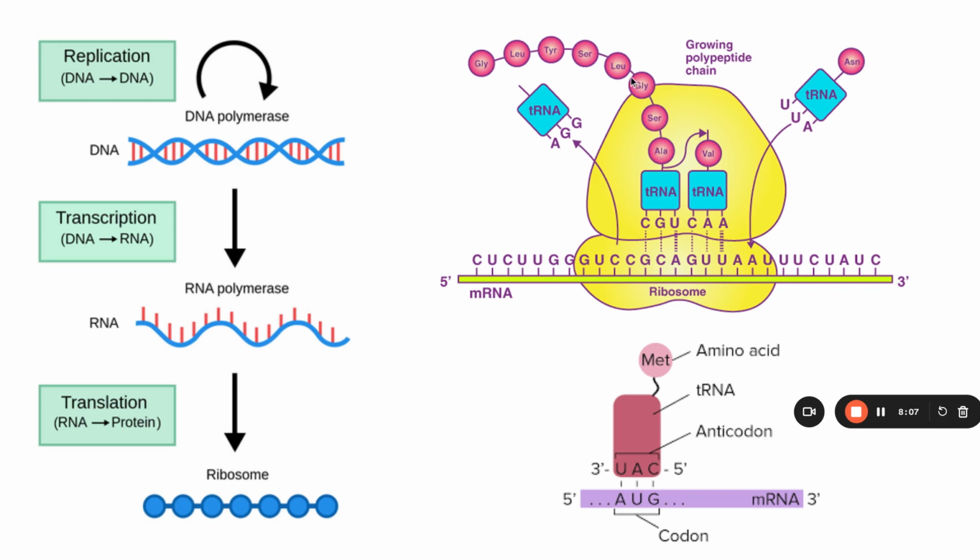And what we see being built here, it says a growing polypeptide chain. And really that's just referring to the growing protein chain, and the peptides are the bonds holding the amino acids together. And the picture at the bottom gives you a better view of the whole messenger RNA, the codon, the transfer RNA, the anticodon, and then on the other end, MET, methionine, is the start codon.